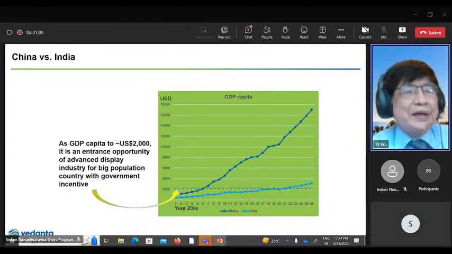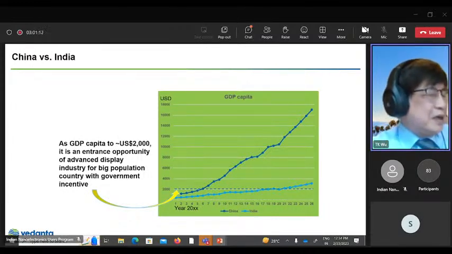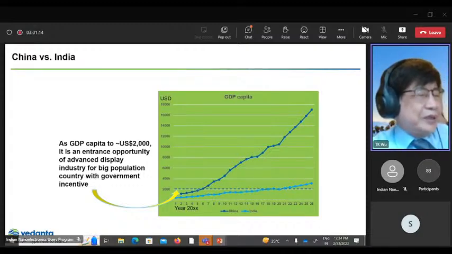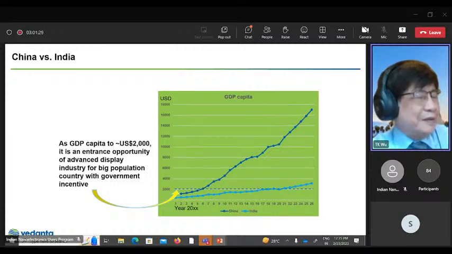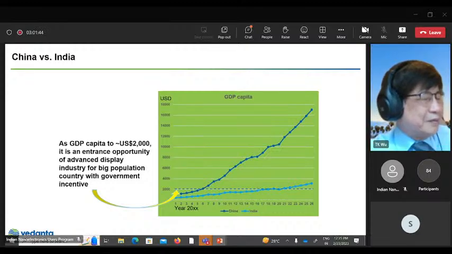Now I compare China and India, and both countries are big countries with a big population or domestic market. China, when their GDP per capita went over US $2,000 in 2005, actually during that time, China started its aggressive display investment project from 2005.